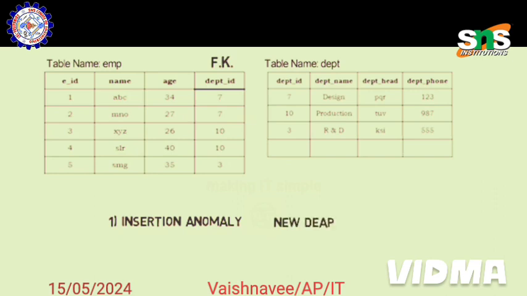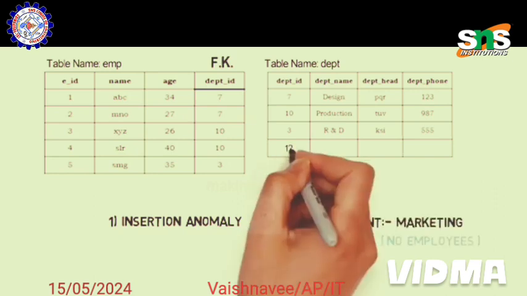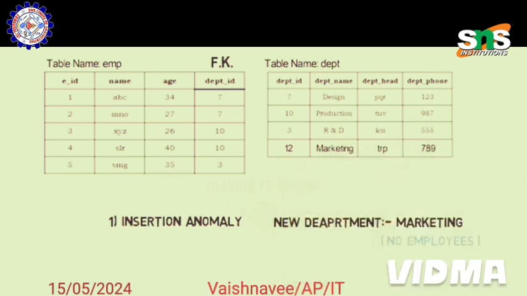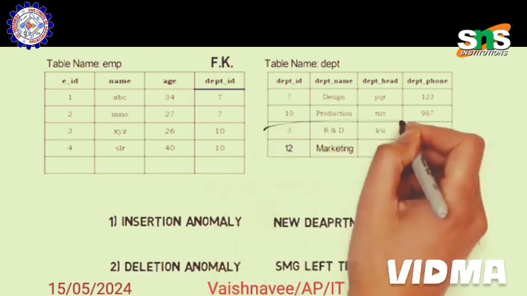Now if a department is added to the company and it does not have any employee, there is no problem, because we can now add department data separately, and whenever employees are appointed, their data can be added separately to the employee table. Next comes the deletion anomaly. Now if an employee leaves the company, we can delete that employee's data from the database without deleting department data.